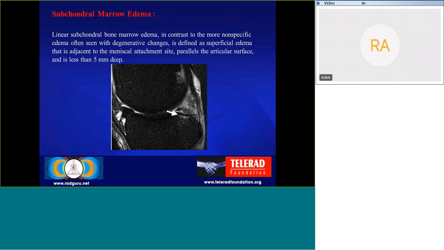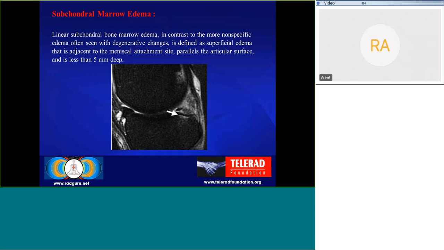Many times it will be patchy secondary to the trauma. So the parameniscal cysts, extrusion of the meniscus, or subchondral marrow edema which is less than 5 millimeters deep, are also to be considered while looking for the indirect signs of meniscal tear.